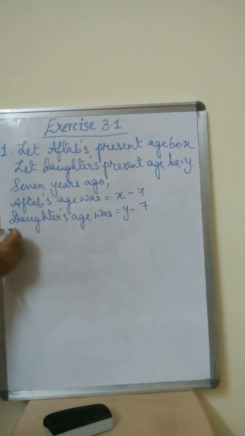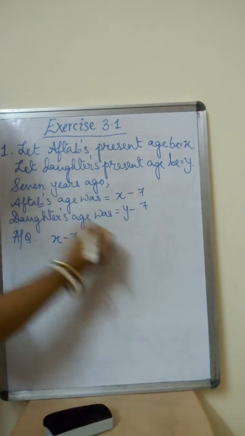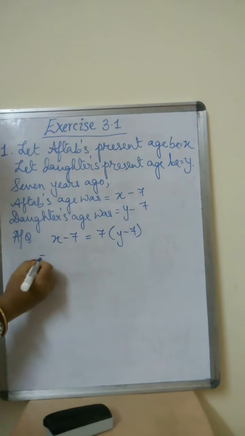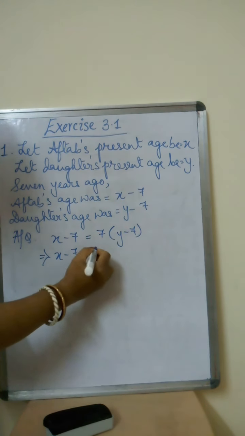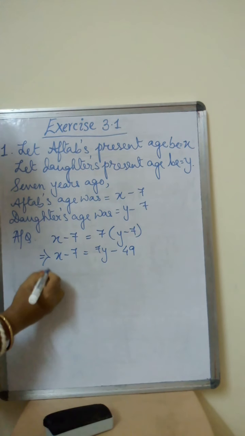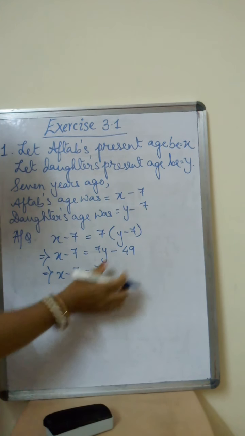According to the given situation, 7 years ago Aftab was 7 times as old as his daughter. So we solve this equation: X minus 7 is equal to 7 into Y, that is 7Y minus 7 sevens are 49. So X minus 7 is equal to 7Y minus 49.